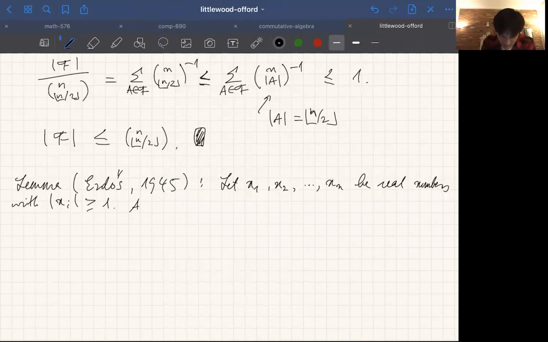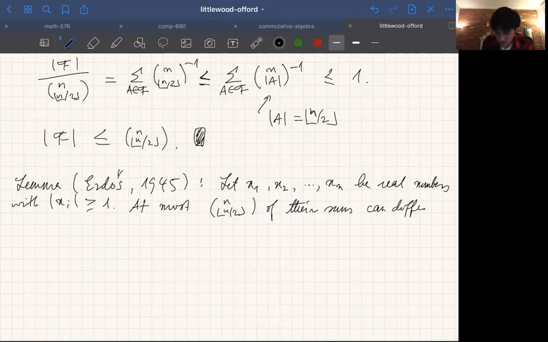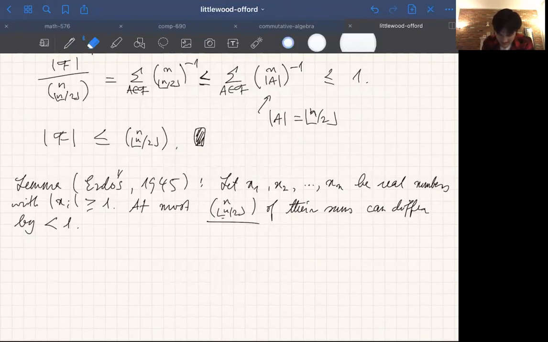At most n choose n over 2 of their sums can differ by less than 1. All right, so this n choose n over 2 is popping up, so we know that Sperner's theorem is going to come in. But exactly how? Well, okay, so let's prove this theorem.